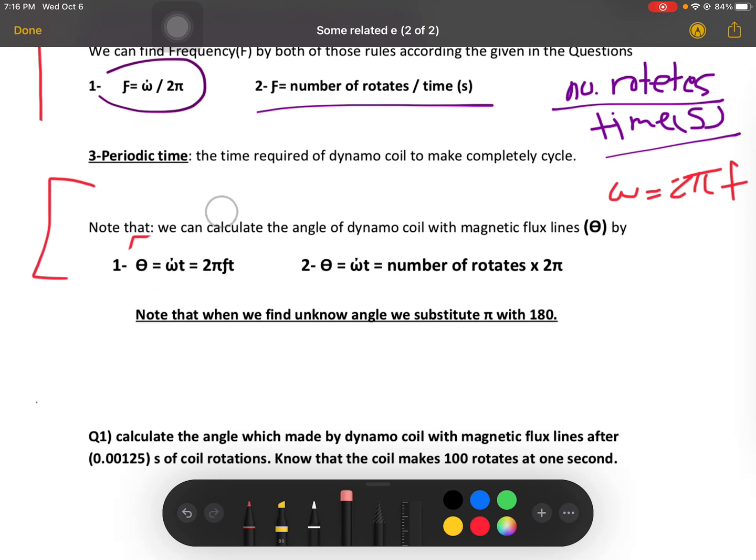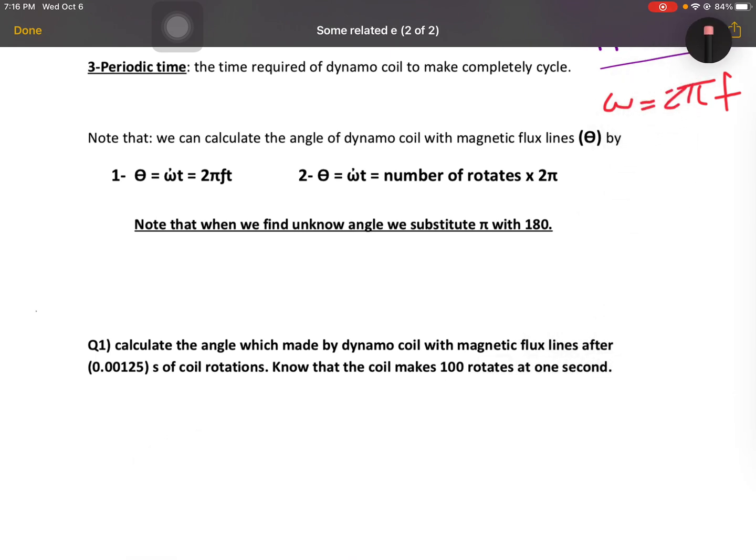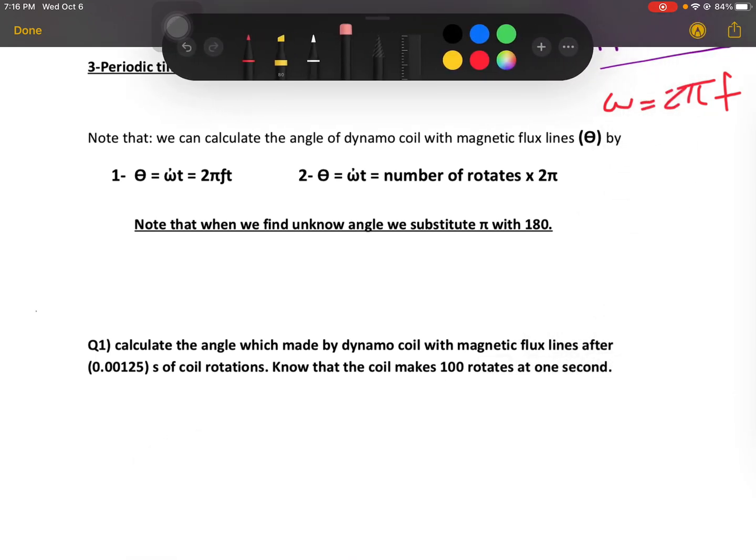So let's move to the first example and see how we can deal with it. Calculate the angle which is made by the dynamo coil with the magnetic flux lines after 0.00125 seconds of coil rotation, knowing the coil makes 100 rotations in 1 second.